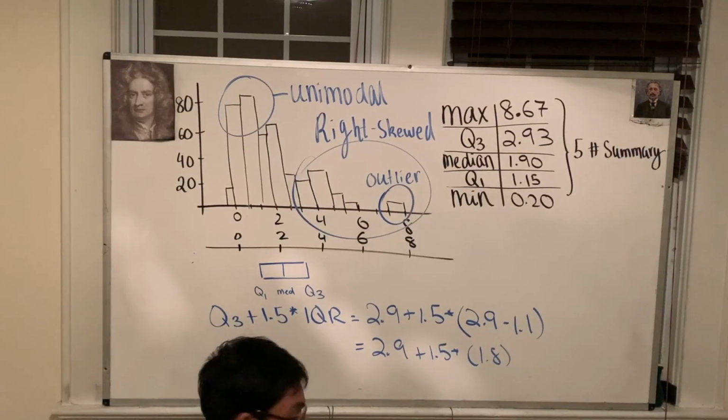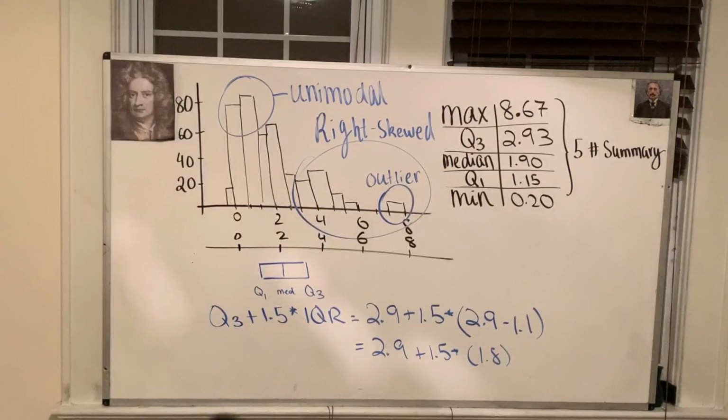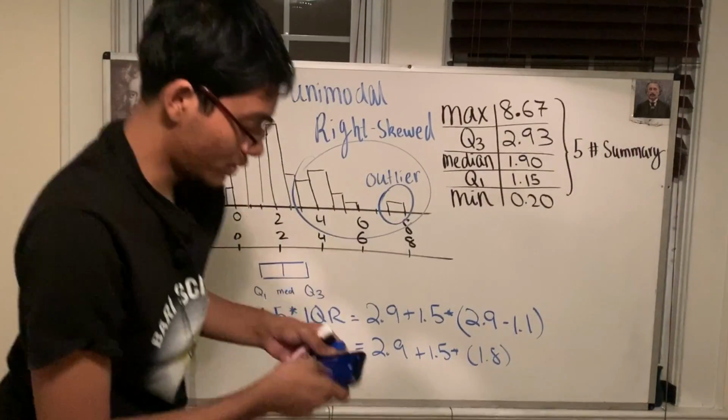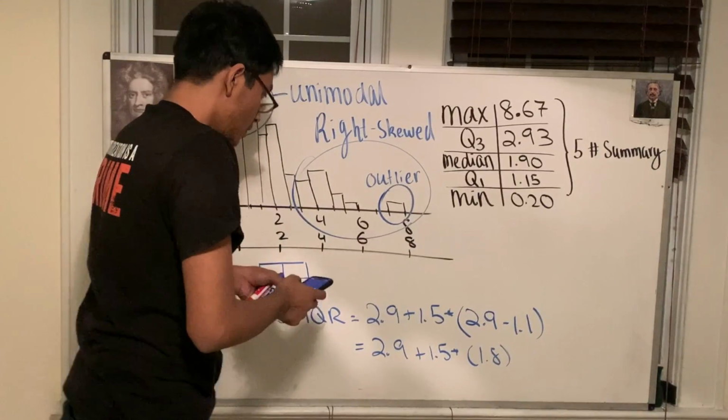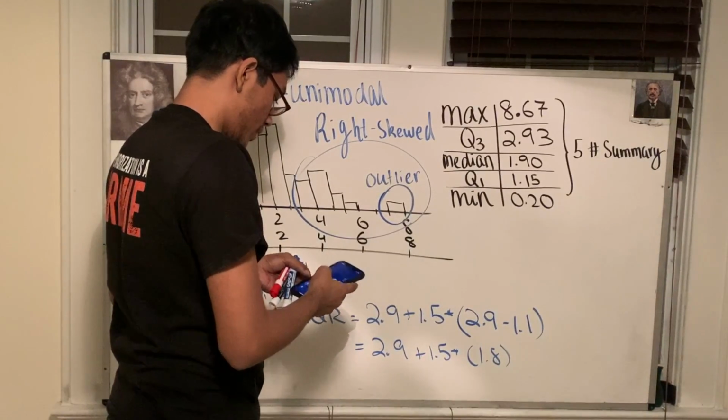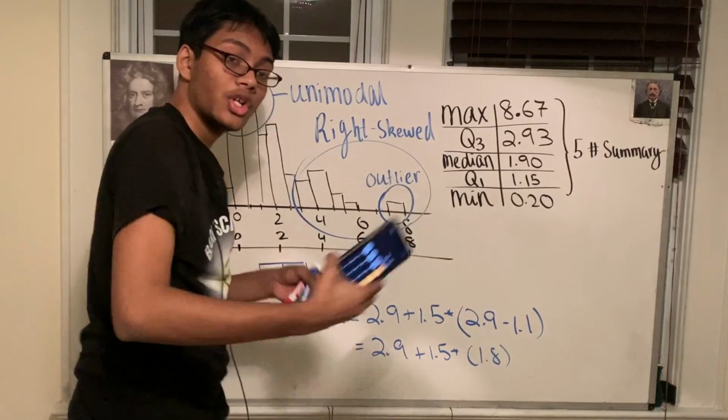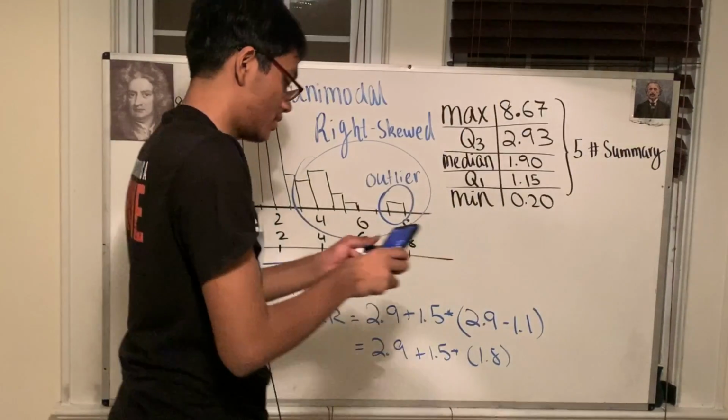Now, I guess it's time to get a calculator. So, let's calculate 1.5 times 1.8, and that's going to give us 2.7, believe it or not.